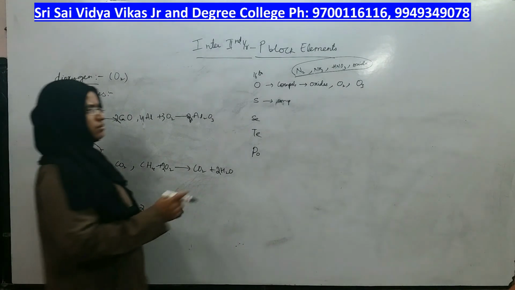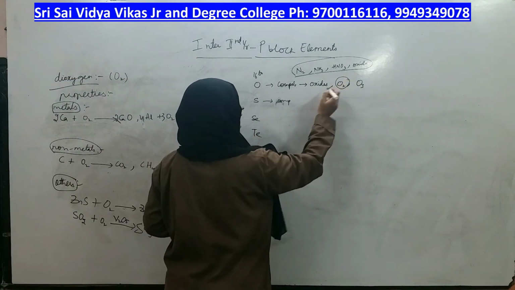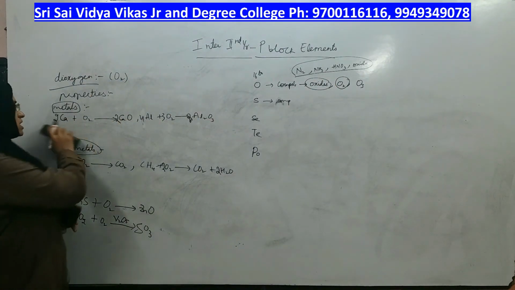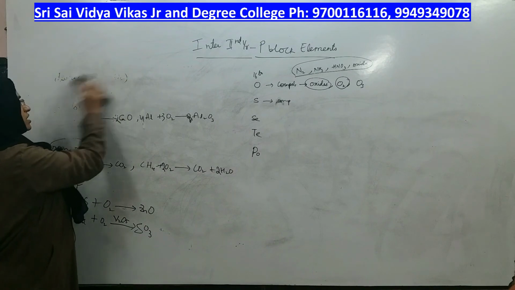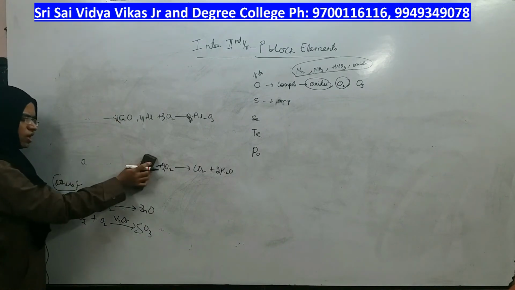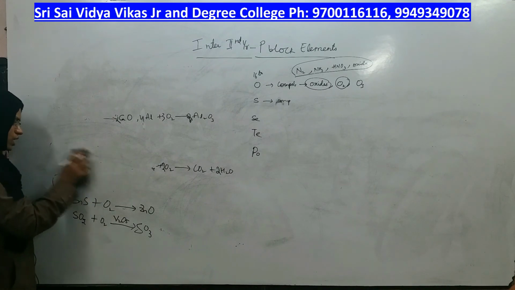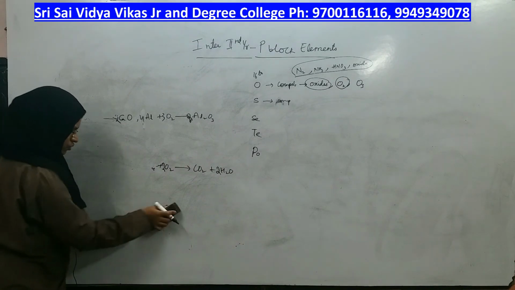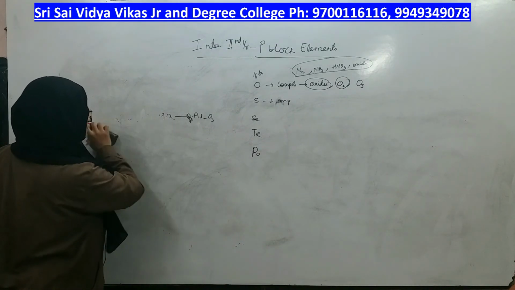First this compound is over now. What is the next compound? We will look at the compounds called oxides. As I already told you, oxygen combines with almost all the elements of the periodic table except a few. What are those few?